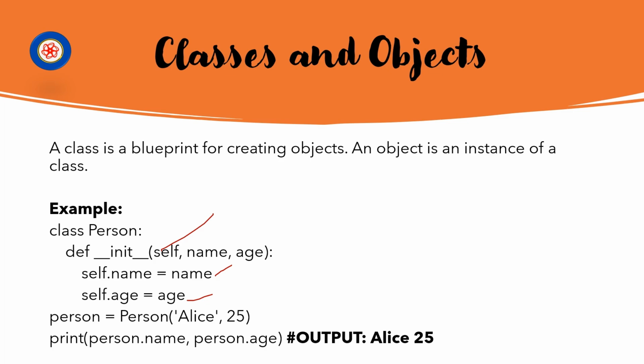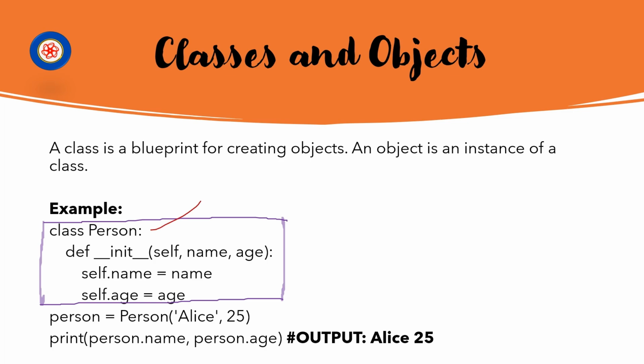Self allows access to the attributes and methods of a class in Python, and it is a reference to the current instance of the class or object. Inside the init method, we have the attributes of this class. In this case, these two are the attributes. In this line, we are assigning the value of the name parameter to the instance attribute name. The same goes for age also.